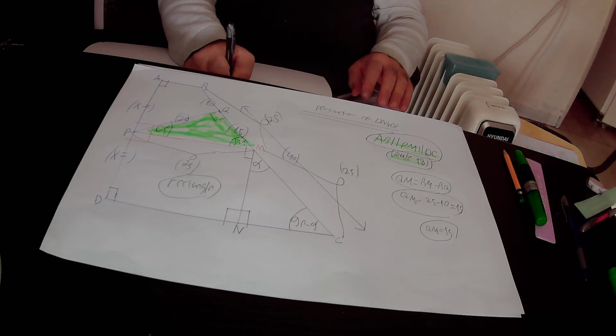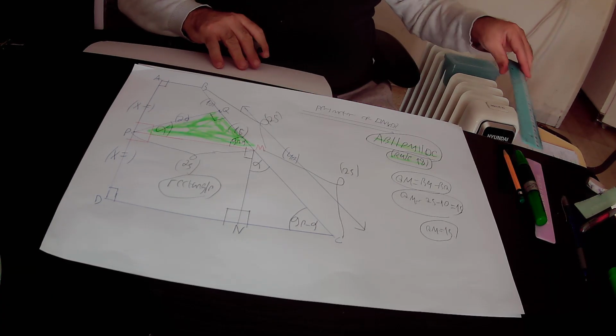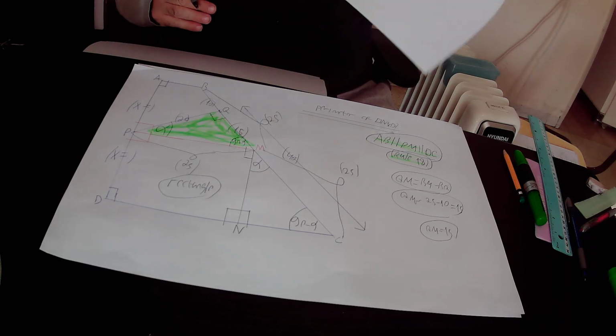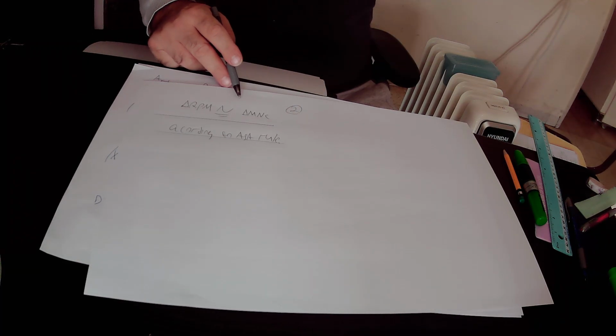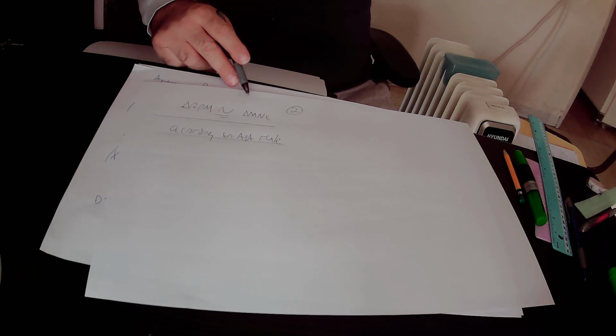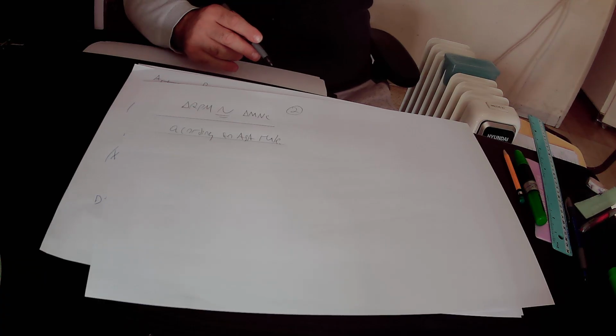Again, we shall prove that the green right triangle QPM can go into the lower right triangle MNC according to the angle side angle rule.